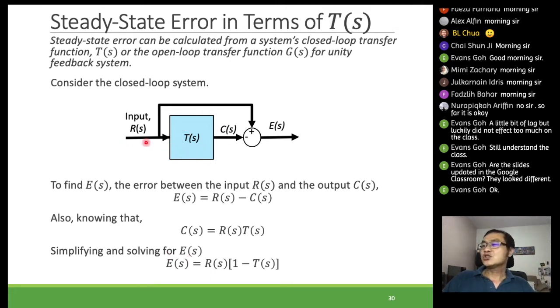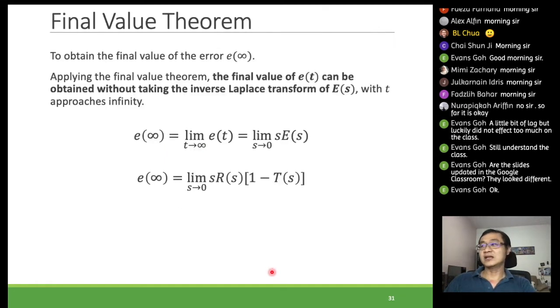If we use the basic constructions, the error is equal to R minus C(s), and we also know that C(s) is R multiplied by T. So substitute in, then we get this equation, where the error is related to the input signal R multiplied by 1 minus T(s). This is the equation that we will deal with later on.